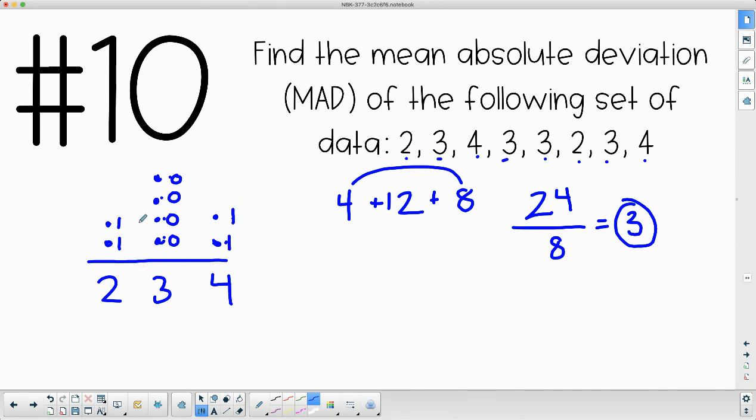So now we're going to add up all of these distances. So 1, 2, 3, 4, plus a bunch of zeros is still going to equal 4. And we're going to divide by the same thing because we still have 1, 2, 3, 4, 5, 6, 7, 8 data points. So 4 divided by 8 will give you your final answer. So you'll need to simplify that.